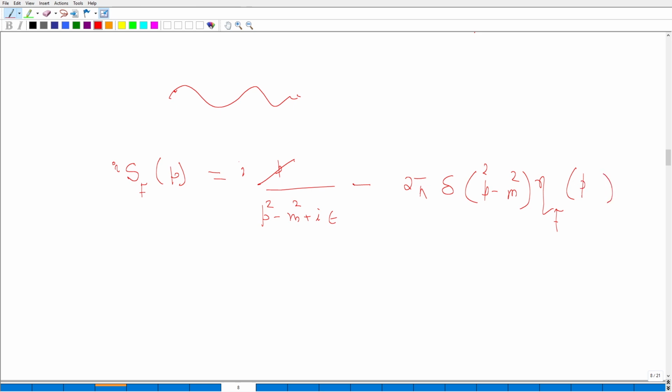In reality, this is not p, it is the 0th component of p, or the energy component of the momentum that contributes. Now, what is the difference between these two factors? Those have appeared here with a negative sign between them.